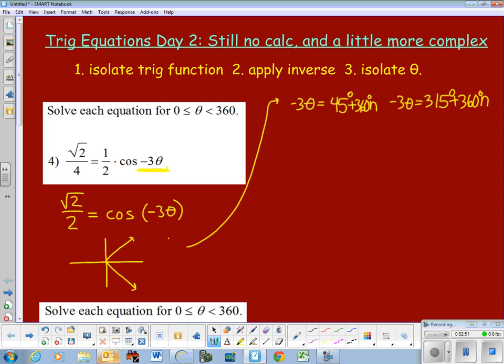We've solved questions with infinitely many answers in the past, and that's what we need to do here. Now isolate the theta in each by dividing everything by negative 3.